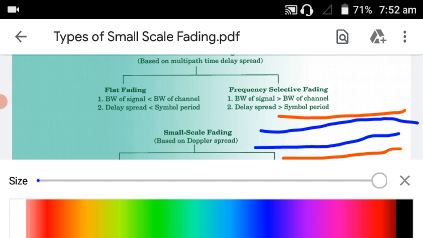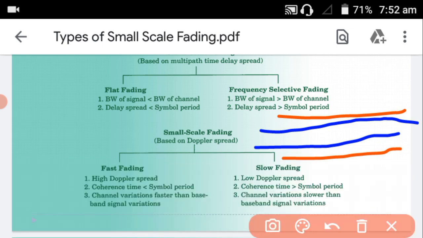Okay, so what happened? The bandwidth of the signal is greater than the bandwidth of the channel, so we cannot transmit the entire information through the channel. So it causes a large fading in the signal.